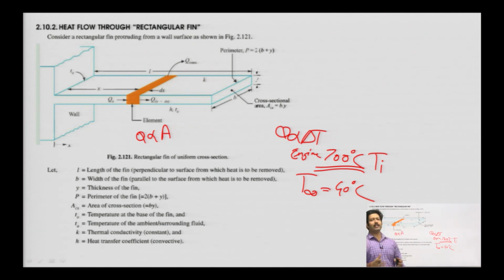You cannot change both of them. You cannot change the ambient temperature, and you also cannot change the combustion temperature of an internal combustion engine. You have no control on it. Then what can you change? You can actually change the area.